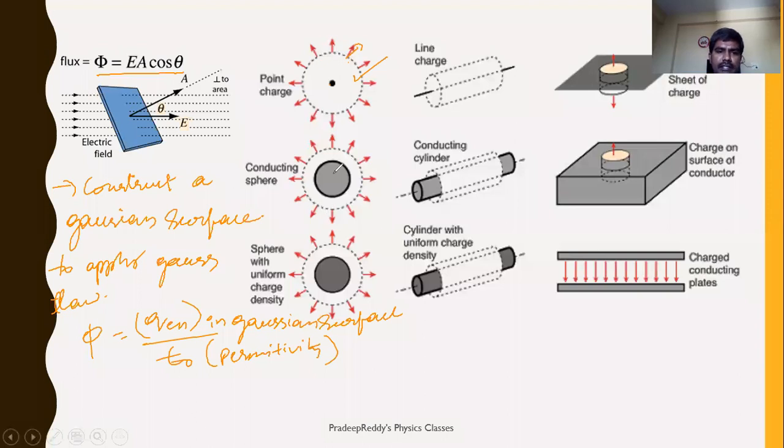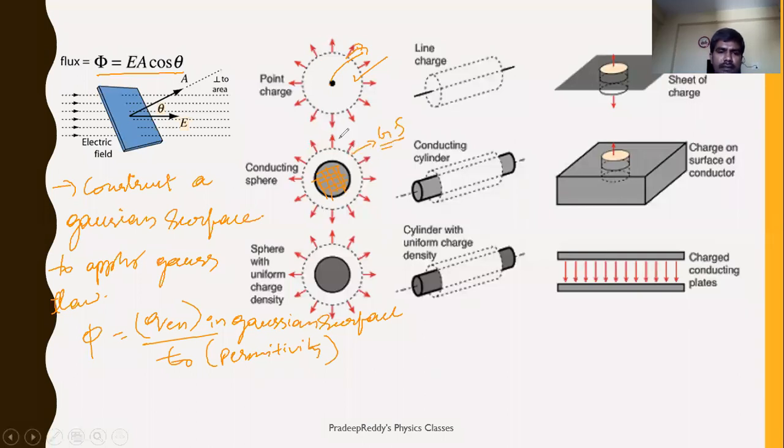Next, if you are considering a conducting sphere, see, this is a point charge as denoted here, but here it is a sphere. In order to find the electric field through this sphere, or to apply Gauss law, you should construct a Gaussian surface, and that Gaussian surface should enclose the total sphere. So this is the Gaussian surface.